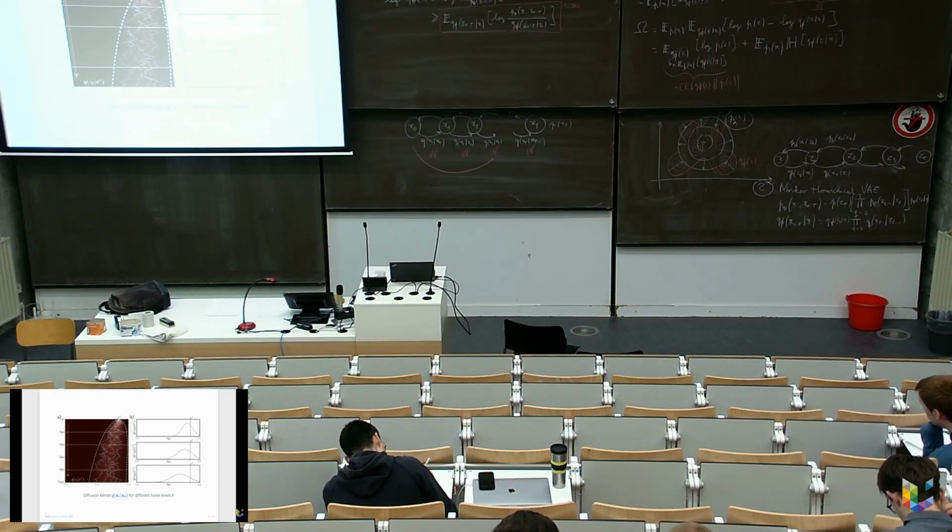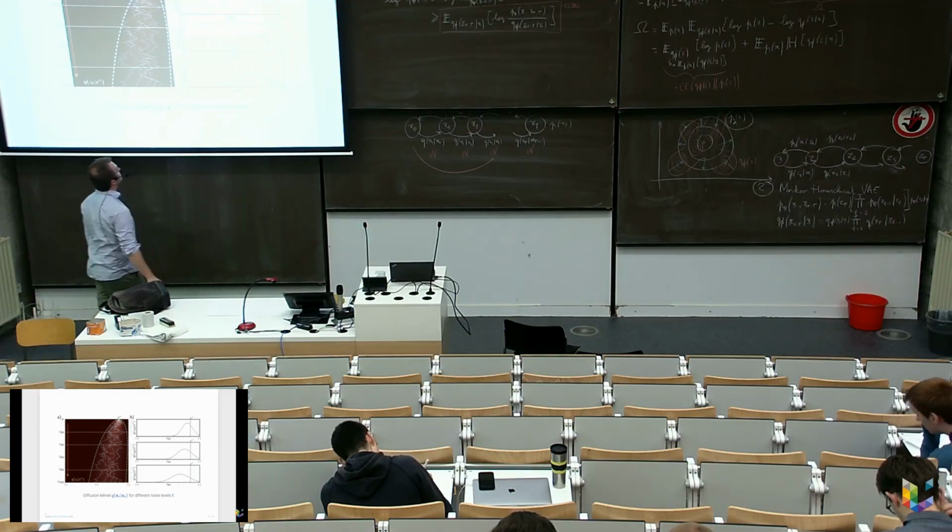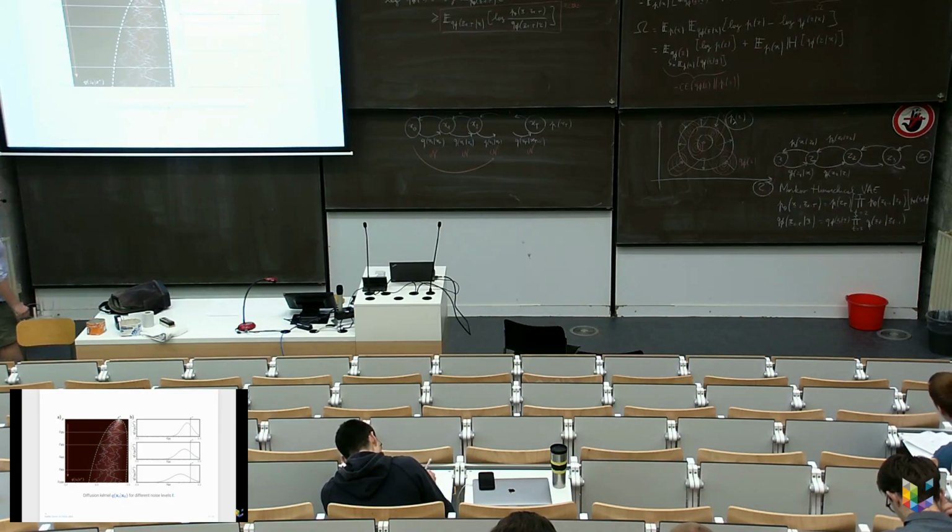And what is nice is that this is available analytically. We don't have to train or do anything. We just use the properties of the Gaussian. And what you see there are the conditional distributions that we know just analytically.